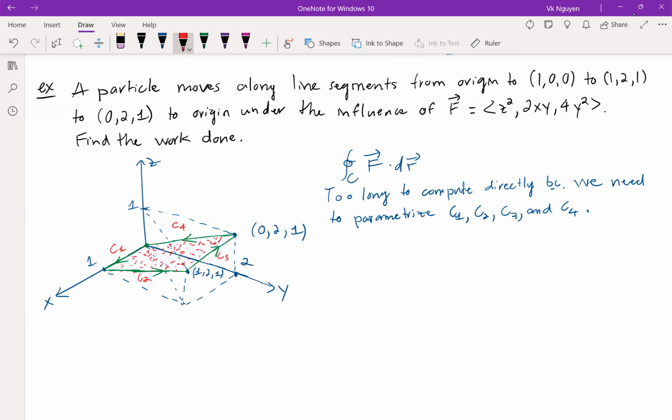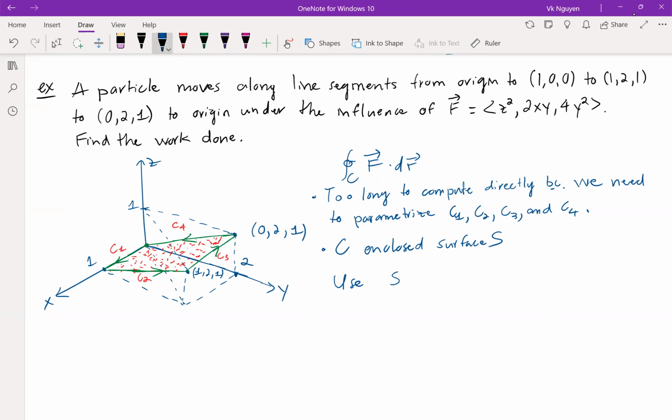The curve C encloses a surface, so use Stokes' theorem.